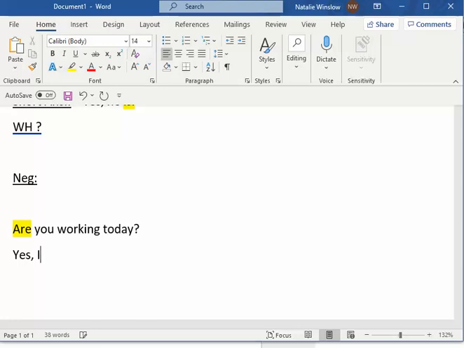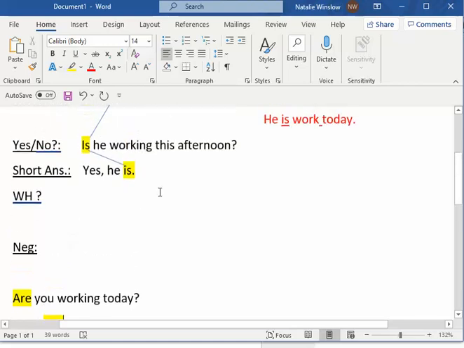So, of course, you're not going to say yes, I are, right? Because the verb are does not go with I. You have to have agreement. So here is an example when, of course, the be verb changes because you cannot say yes, I are. You have to say yes, I am. But as long as it's the be verb, all right?